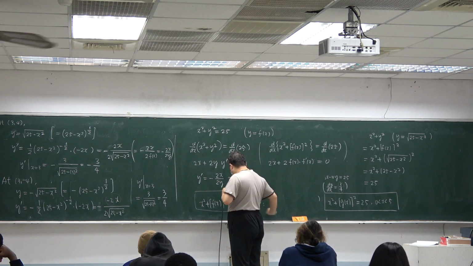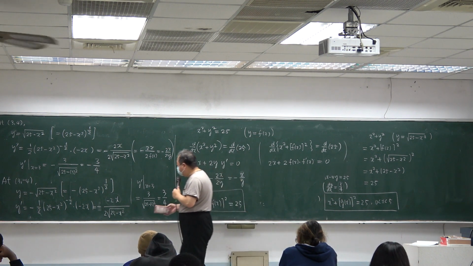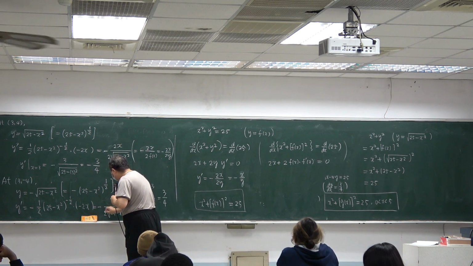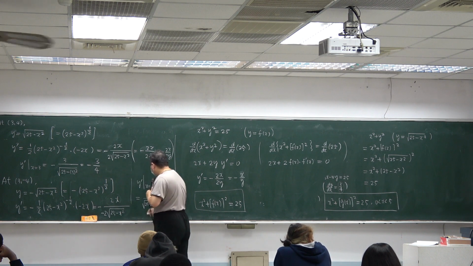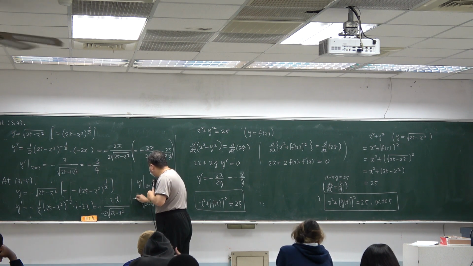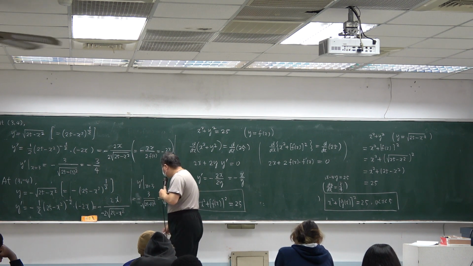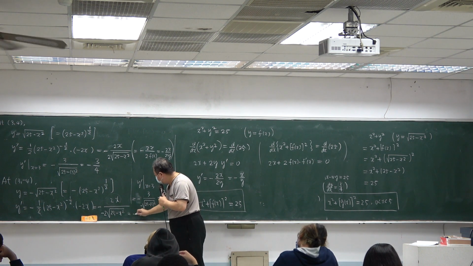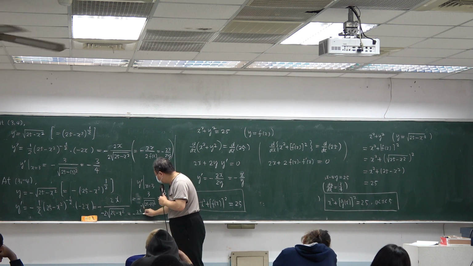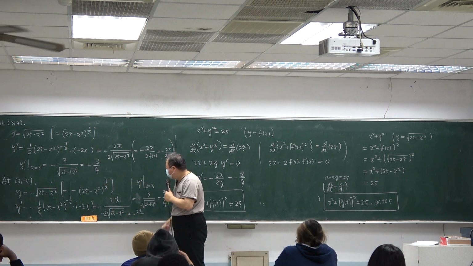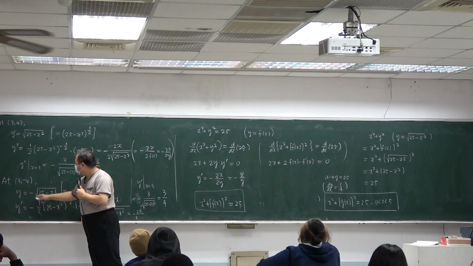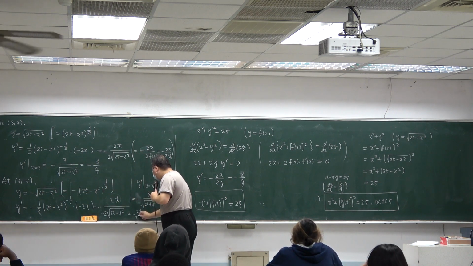Wait a minute. I should put the minus here. And here, see? Automatically 2x over minus 2 times the minus square root of this one, which is exactly g(x).